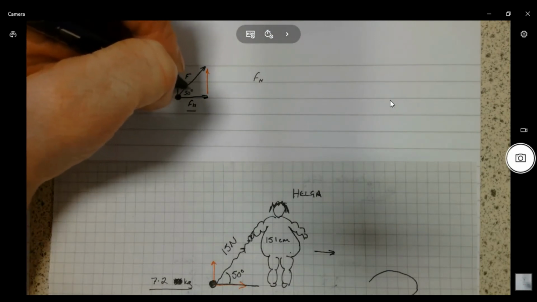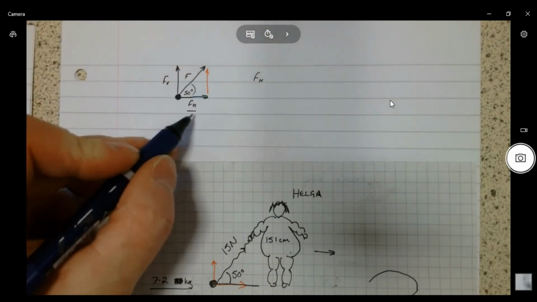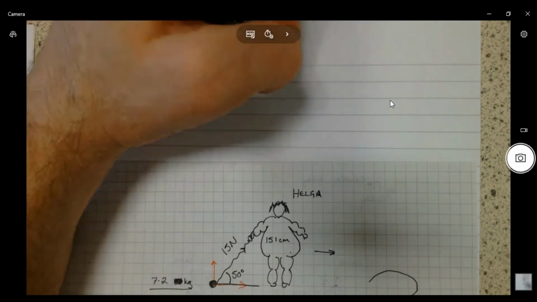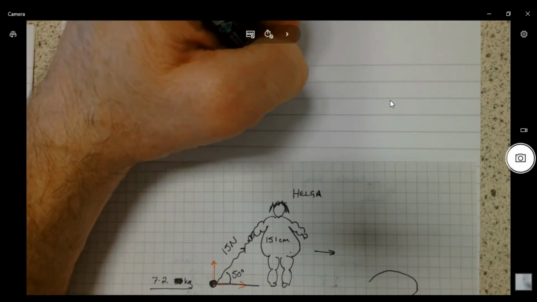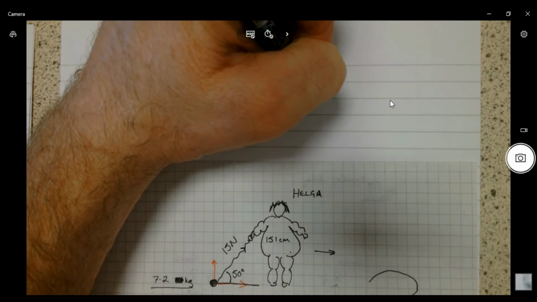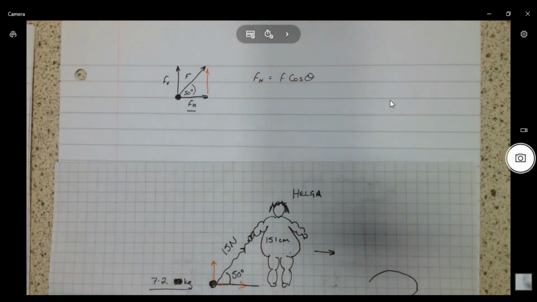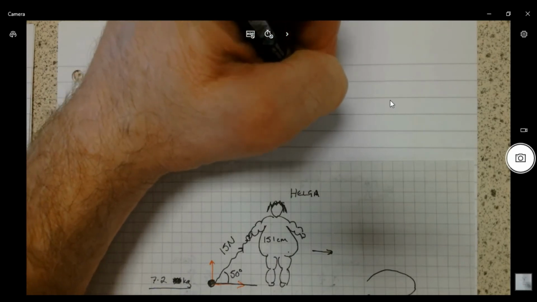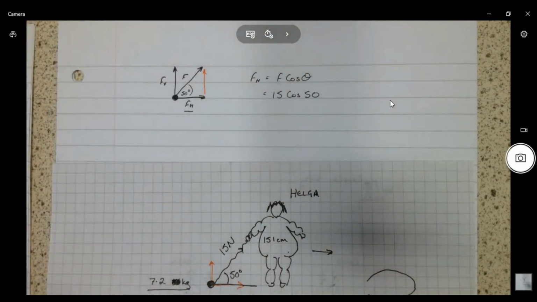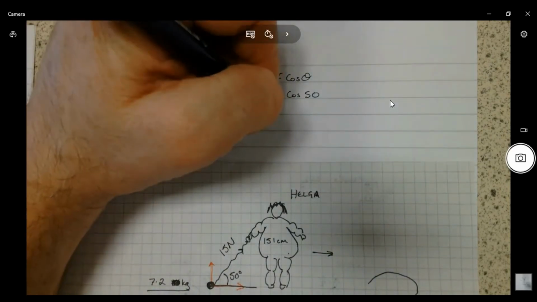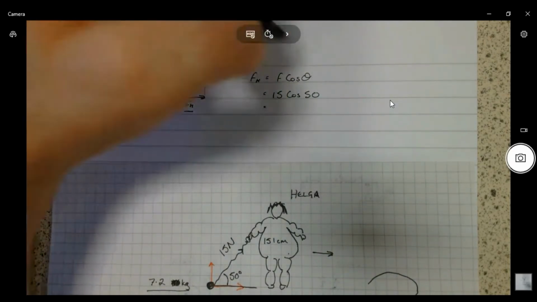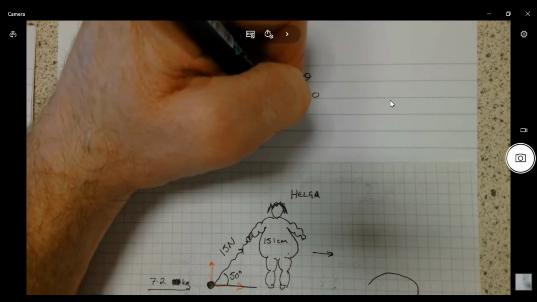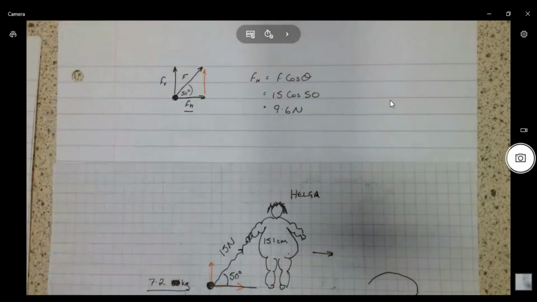I know that that's 50 degrees. FH is F cos theta, cos 50. Which gives me a force of 9.6 newtons.